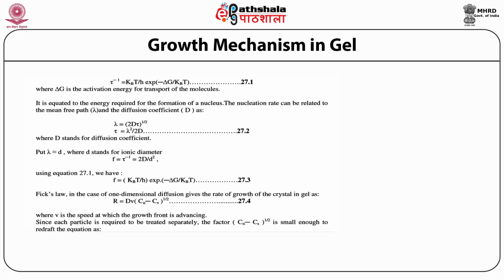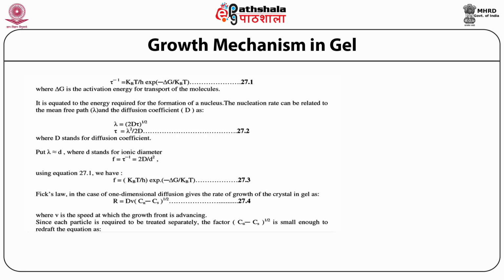Fick's law, in the case of one-dimensional diffusion, gives the rate of growth of the crystal in gel as R equal to D into V into (Cα minus Cs)^(1/2), referred to here as equation 27.4, where V is the speed at which the growth front is advancing.